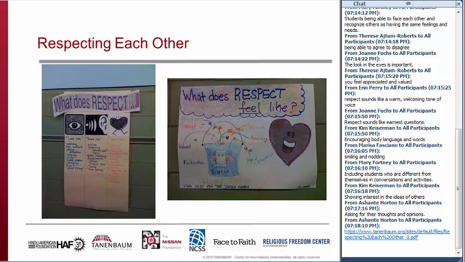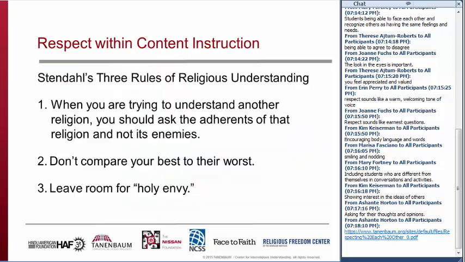And whether you call it rules of respect, or whatever you call it, it should be something that is student generated. And then again, in the best of all worlds, you will also be able to create, well, what are the consequences? How do we manage this with integrity when students don't follow these prescribed ideas that the class has agreed upon?